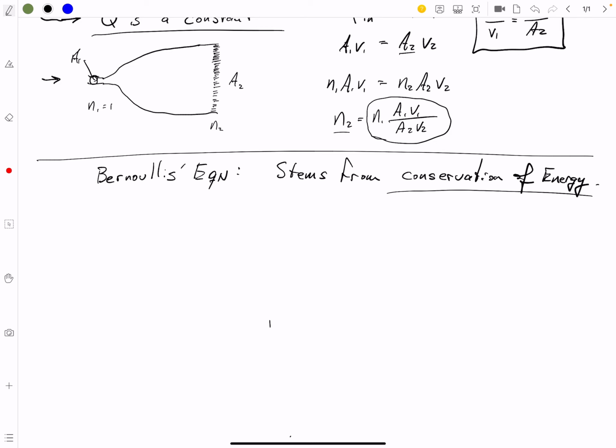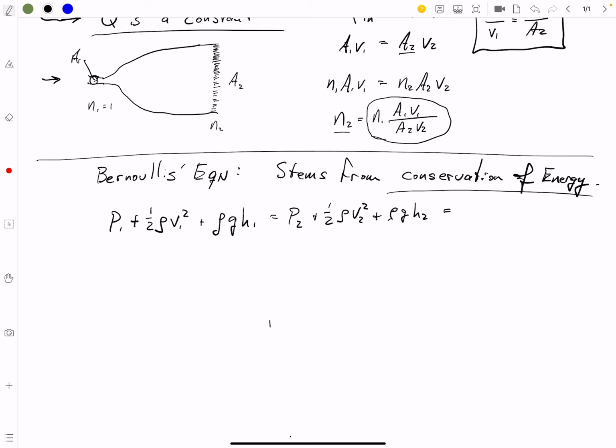Bernoulli's. It is the old P1 plus 1/2 rho V squared, but I'm going to put a 1 on that V. And then we're going to have rho GH1. And then, of course, that equals P2, because why? Why are they equal? Conservation of energy. That's right. So what does that technically mean?